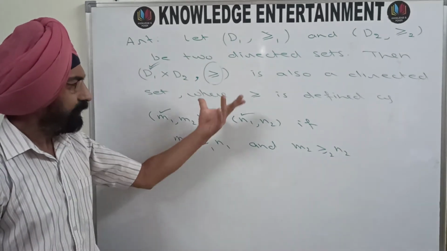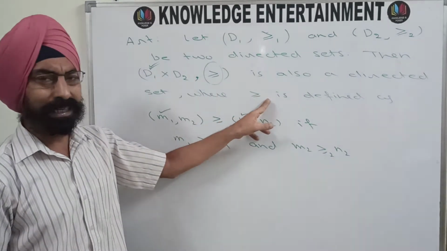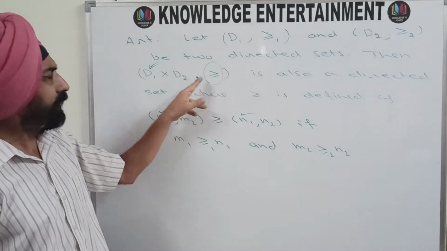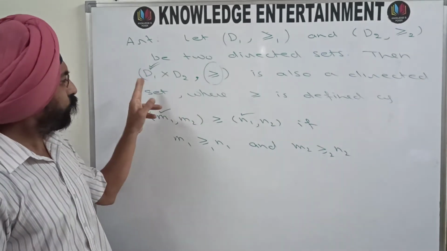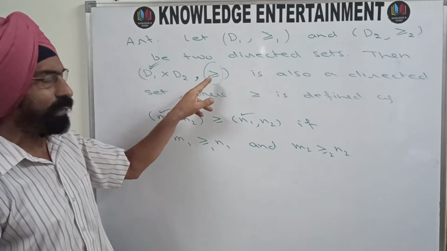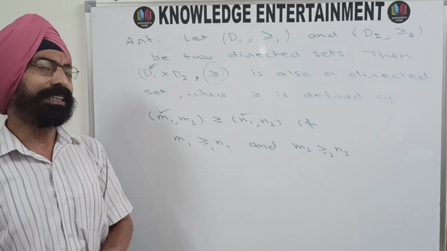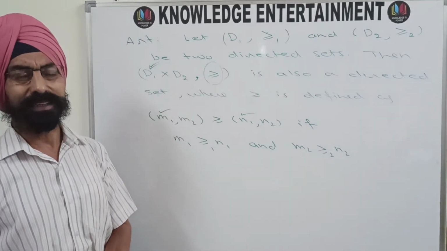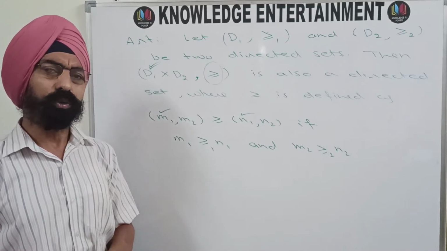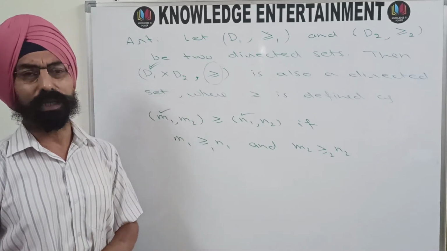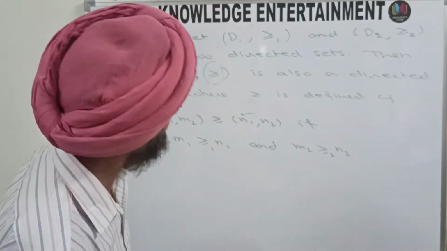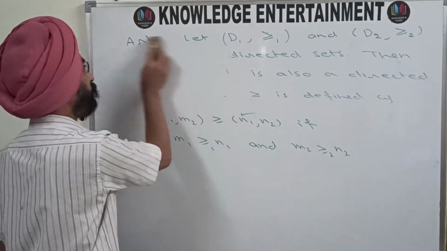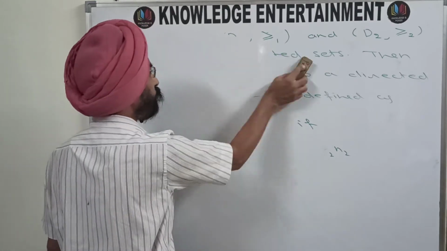So this is how we have defined this binary operation on the Cartesian product of two sets D1 and D2, and now we will show that this D1 cross D2 along with this binary operation is also a directed set. For that we will have to show that all three axioms hold here. So let us see these properties one by one on D1 cross D2.